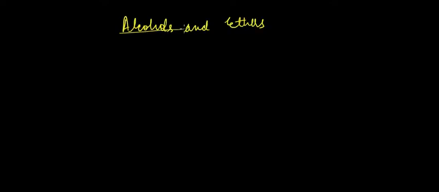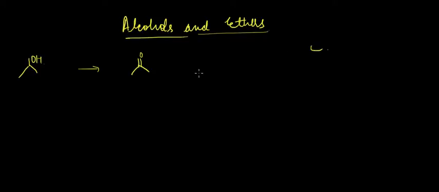Suppose we have a secondary alcohol and we want to convert it into some ketone. Such types of reactions will be dealt with in this chapter.